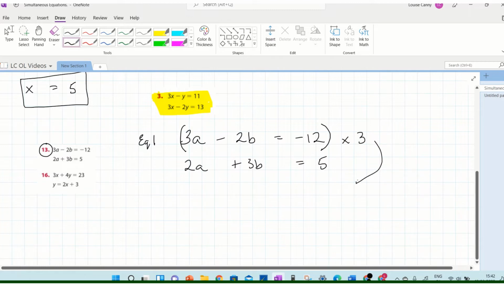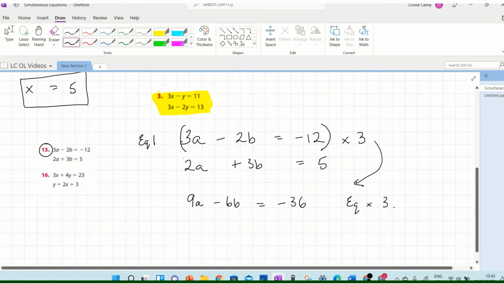Down here that will give me 3 times 3a, 9a, 3 times -2b, -6b, and 3 times -12, -36. So that's my equation 1 multiplied by 3.